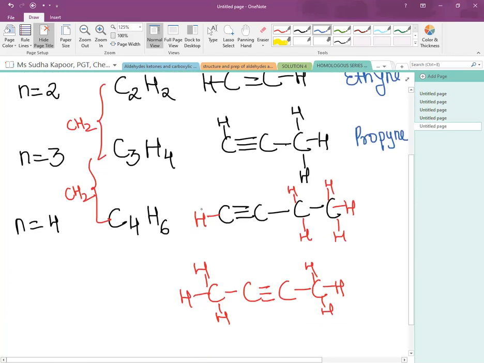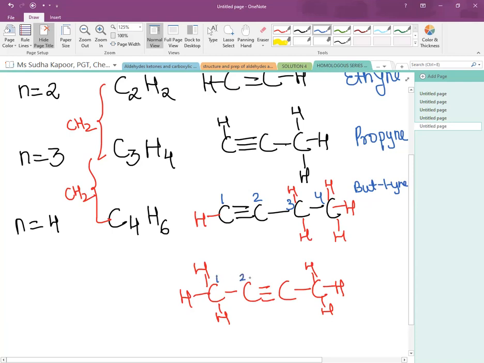4 carbons having the location of the triple bond between 1 and 2. So we will call it but 1, yne. It is not necessary to write 1 because if we are not mentioning the number, it already means 1.